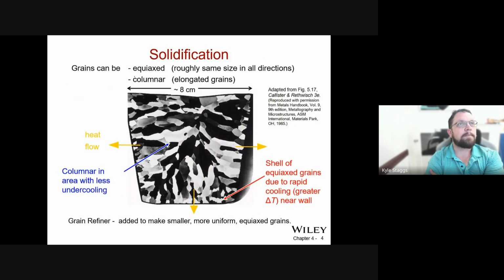So the solidification looks like this, but in order to understand what that is, I'm going to see if I can pull an example, because it's not going to make sense otherwise. Let's see.